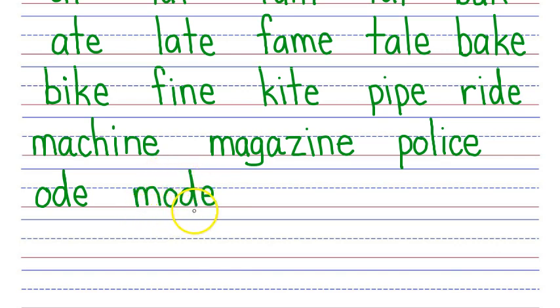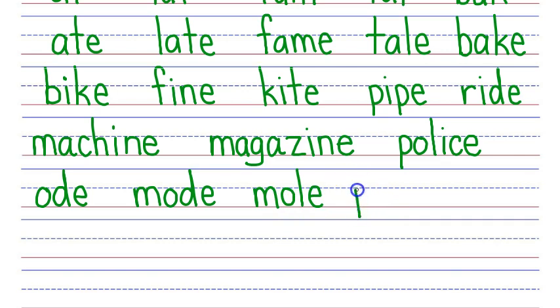M, O, D. Next word, mole. We have an M that says M, an O that needs to make a long O sound, an L that says l, and a silent final E that makes that O make that long sound. M, O, L.